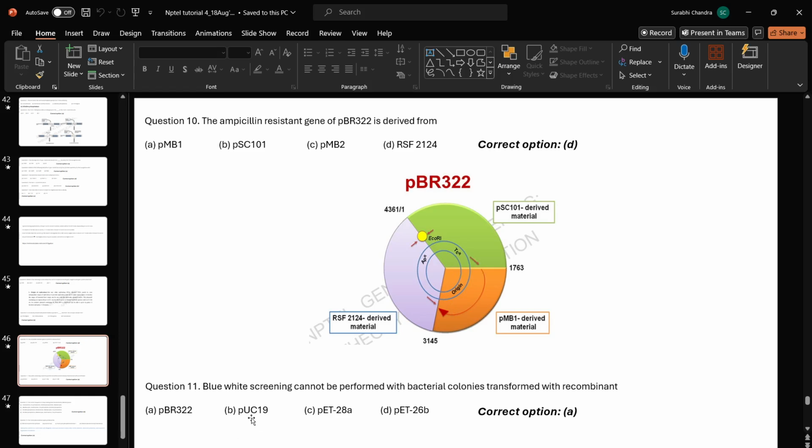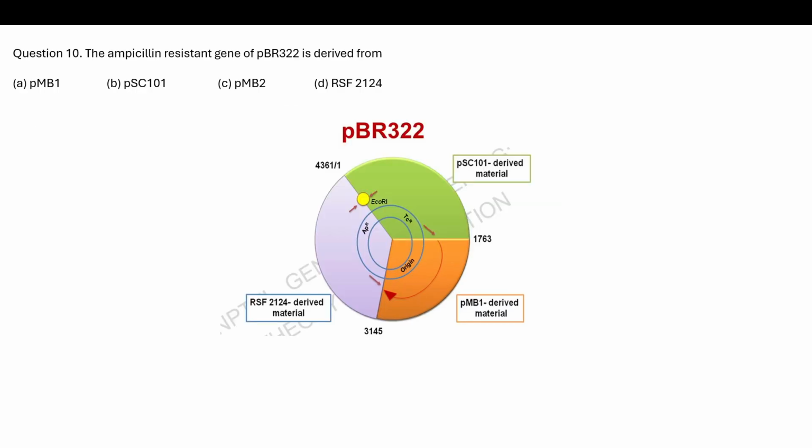In all the other plasmids, pET28a, pET26b, pUC19, the lacZ gene insert is there, which we can use for blue-white screening to check the recombinant and non-recombinant cells. But pBR322 we can't really use blue-white screening. So the correct option will be option A.